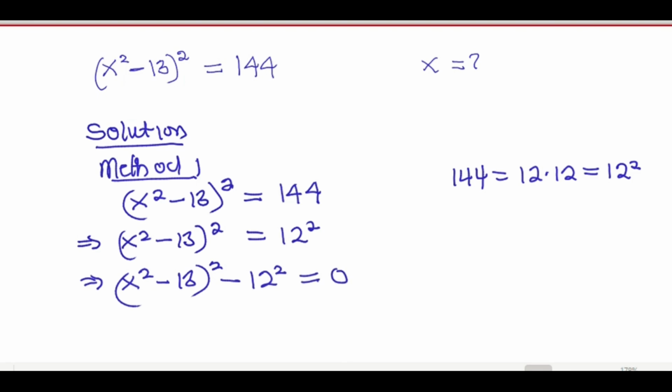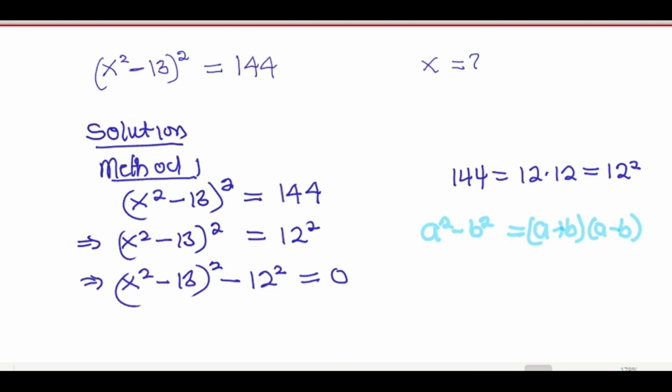Here we apply the difference of two squares rule. The rule is that if we have a² − b², this is going to give us (a + b)(a − b).